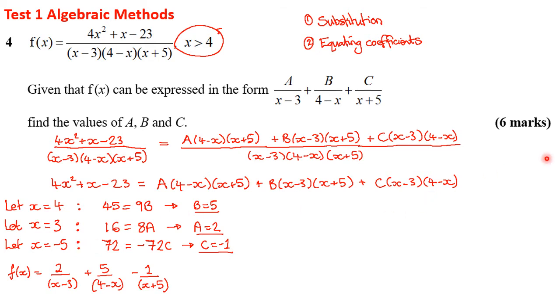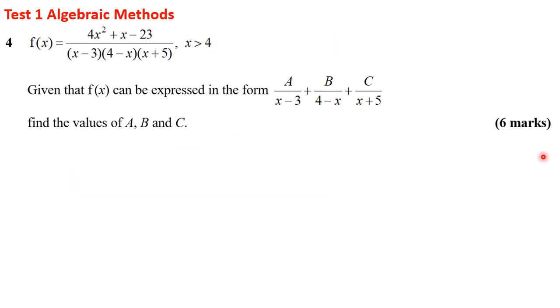In this particular test in the mark scheme, you were given full marks for this method. However, where there are these conditions, the preferred method would be equating coefficients, which I'll go through with you. It's not as nice. There is more room for error, but because of that condition where x is greater than 4, it's sometimes preferred.